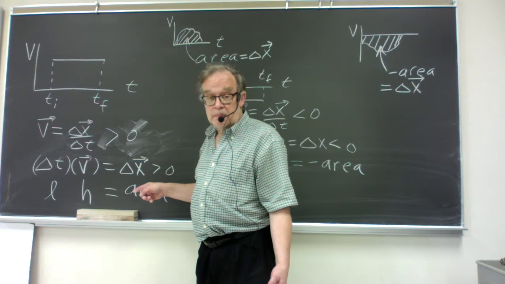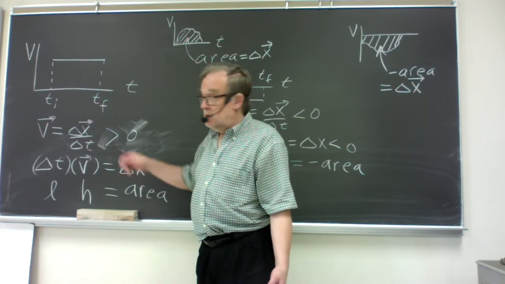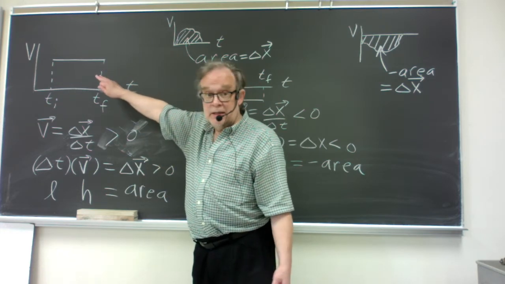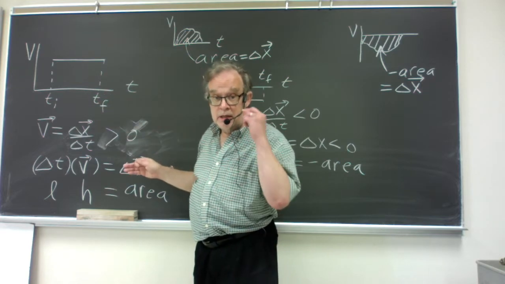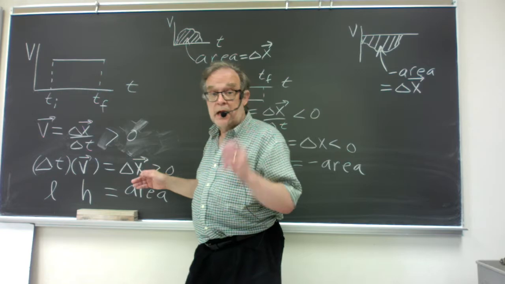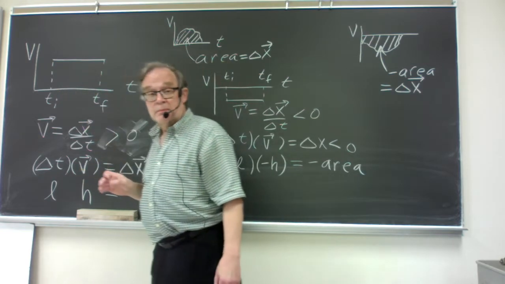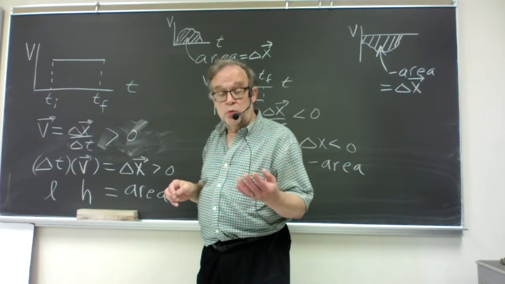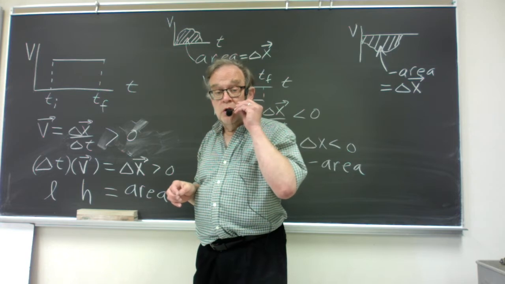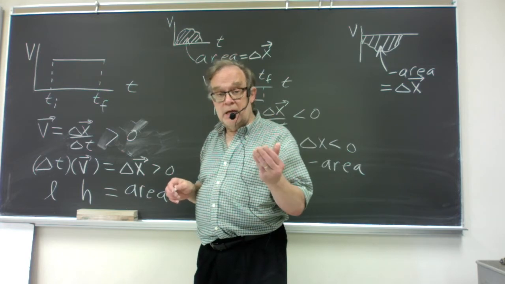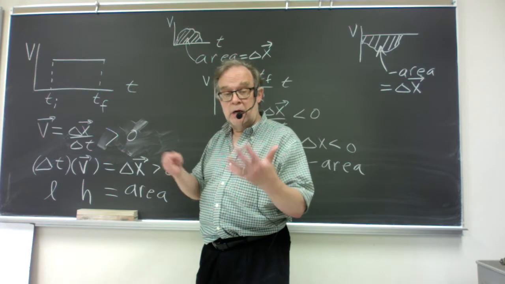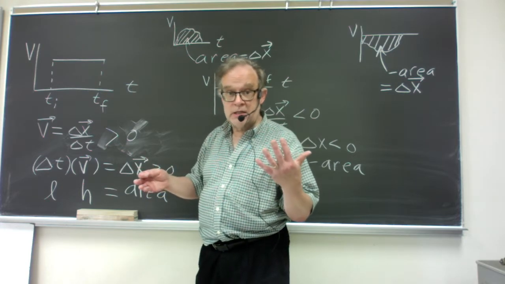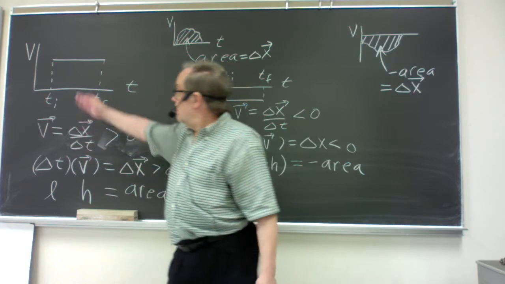In other words, the area between the velocity line and the time axis is equal to the displacement that happened during this time. And the nice thing about that rule is that it's true for any velocity graph, for any velocity line, no matter how complicated and strange the velocity line might be.